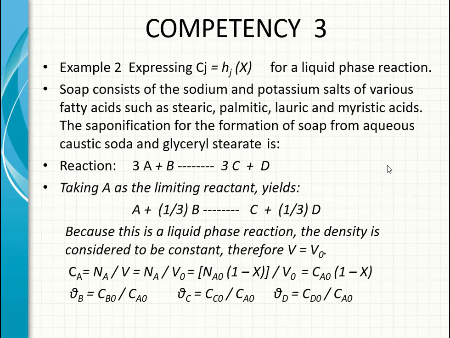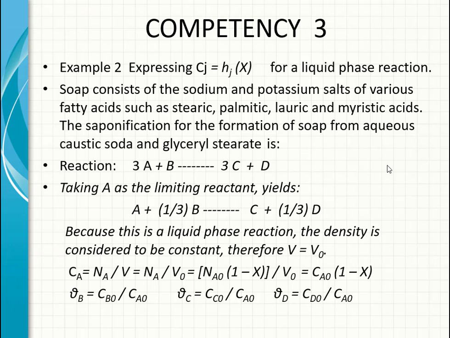So we recall that the concentration of A is the number of moles Na divided by the volume, and as the volume is equal to the initial volume, Ca is going to be Na divided by V0, but we must remember that Na is Na0 times 1 minus X.